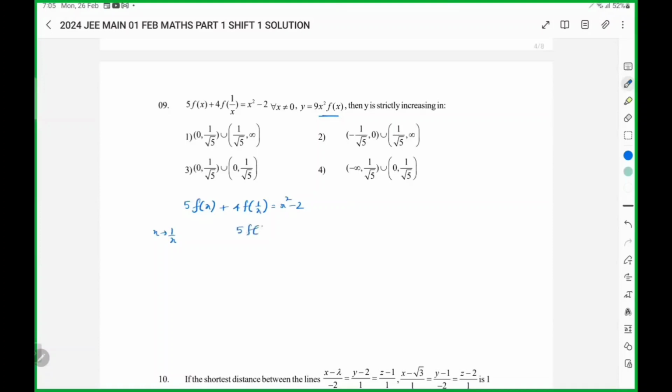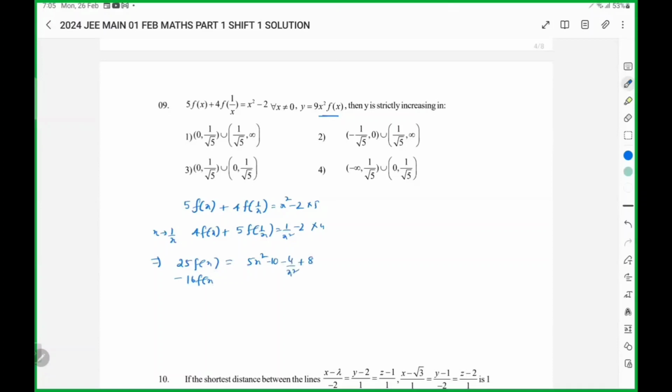We get 5 f(1/x) plus 4 f(x) will be 1/x square minus 2. So we get 25 f(x) plus, then subtract 16 f(x) equal to 5x square minus 10.